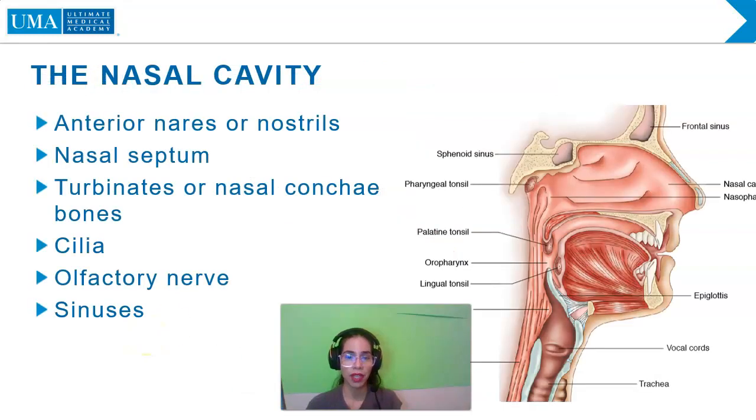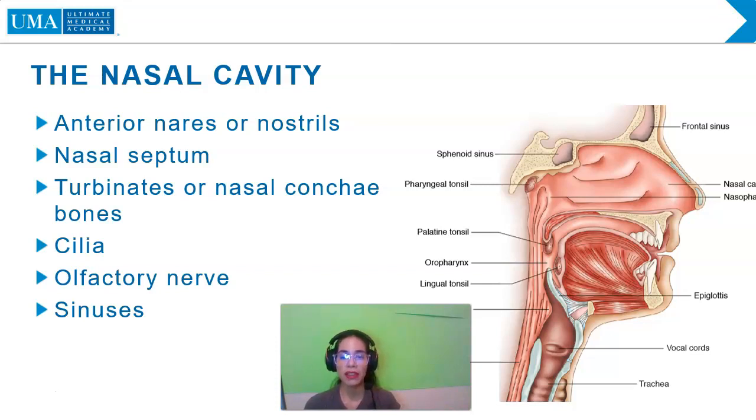The nasal cavity. This is where air comes from outside, entering the system through the nostrils, also called external nares. The nares are separated by the nasal septum. The turbinates, or the nasal conchae, further divide the nasal cavity into passageways.